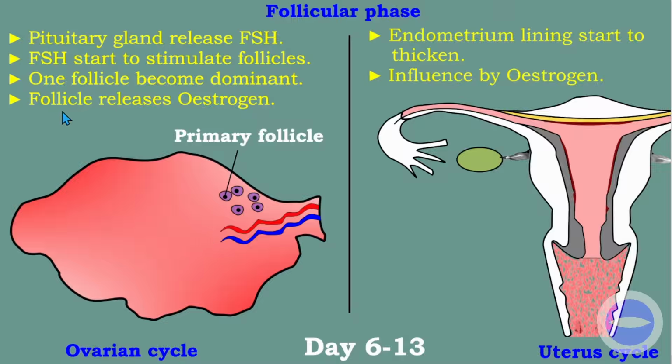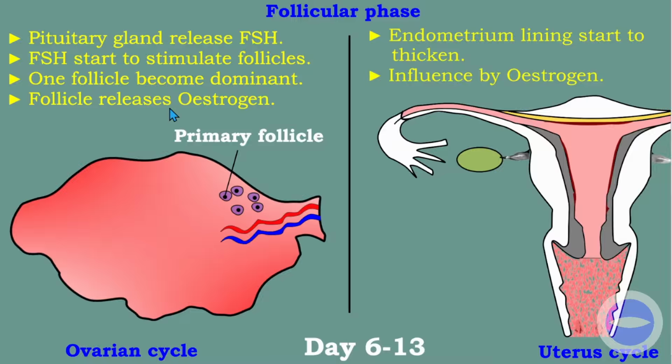And then the follicles release estrogen. As the follicles are developing and growing, they release a hormone that we call estrogen. This estrogen is released in the ovary, so it's not from the brain. And then during the follicular phase, in the uterine cycle, the endometrium lining starts to thicken, influenced by estrogen.